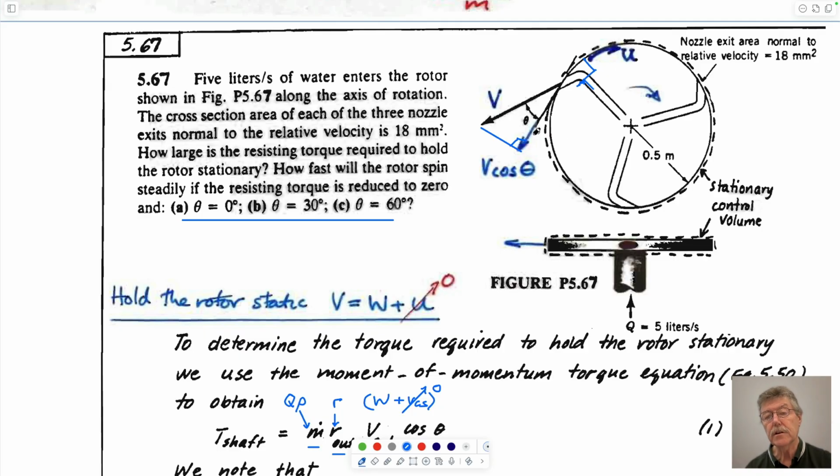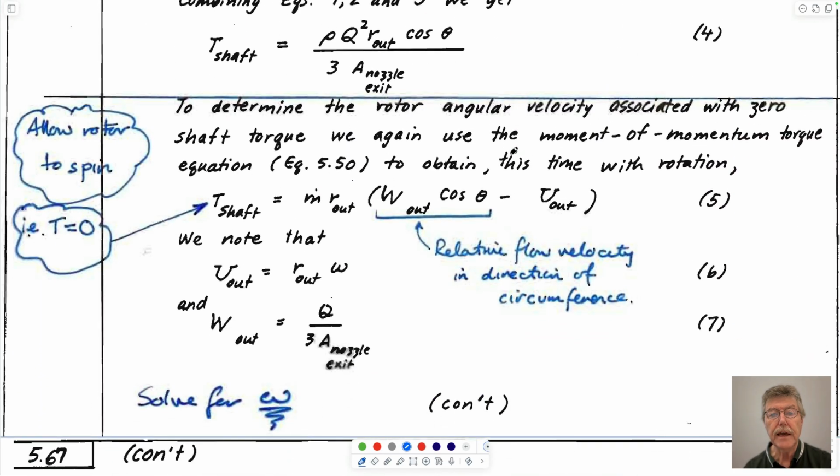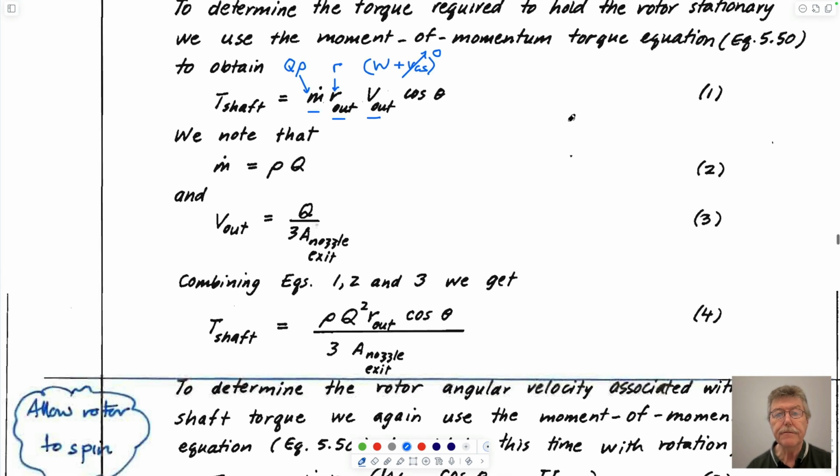And this question goes through the case where you have these jets now at different angles. And so how do we get that? So we have from this is equal to, in our parlance, mass flow rate times radius times W plus VCS.